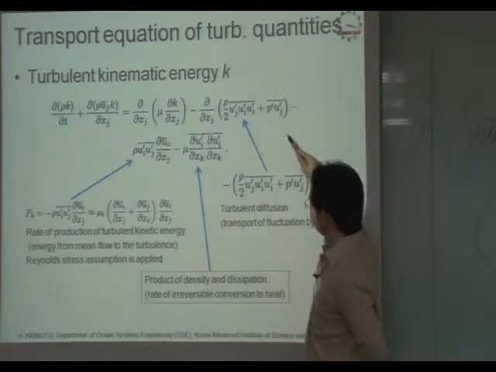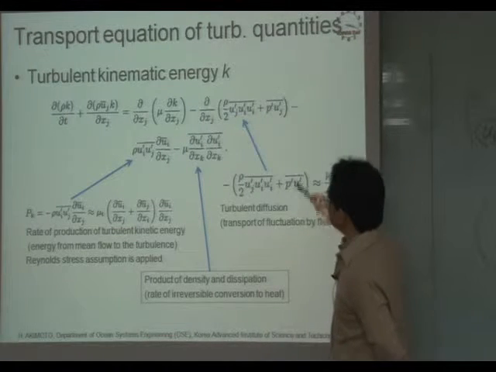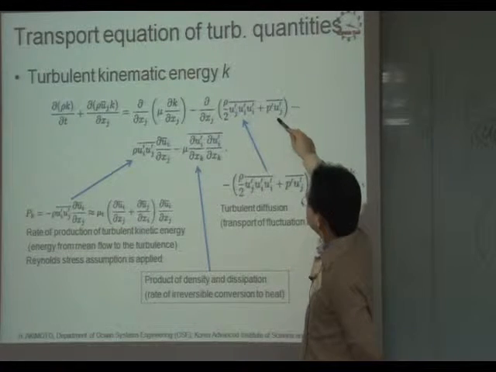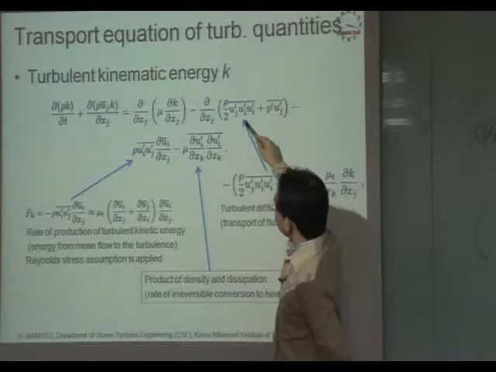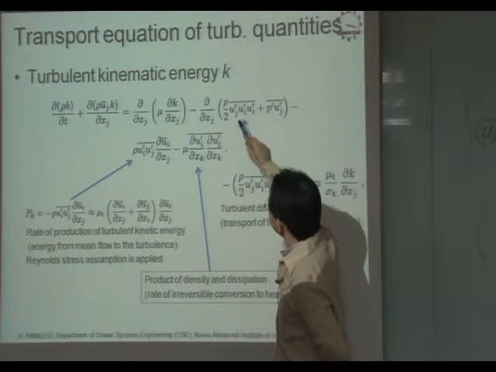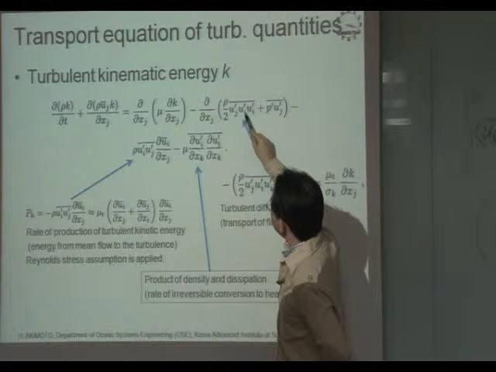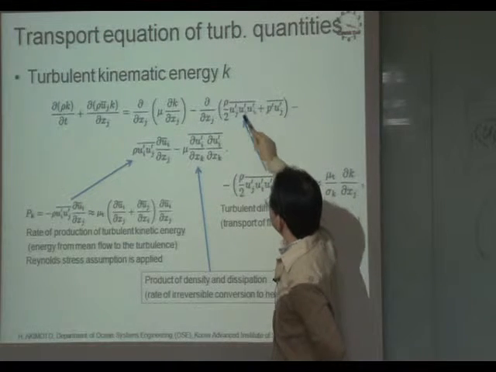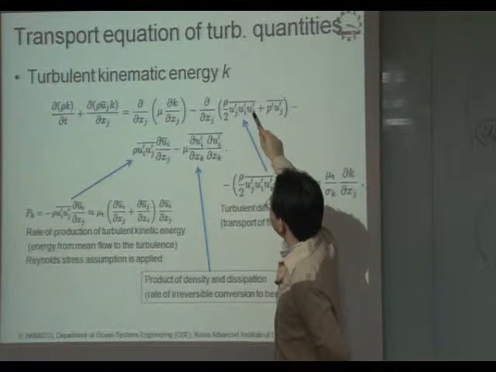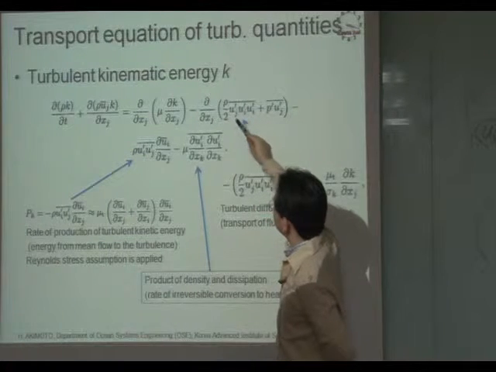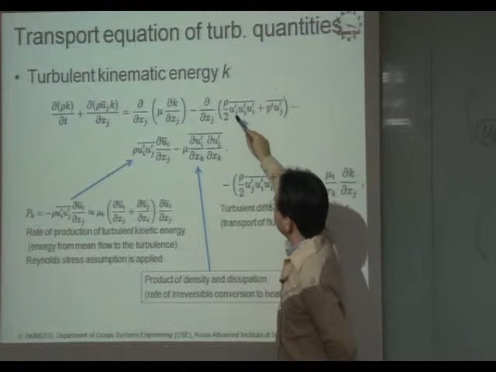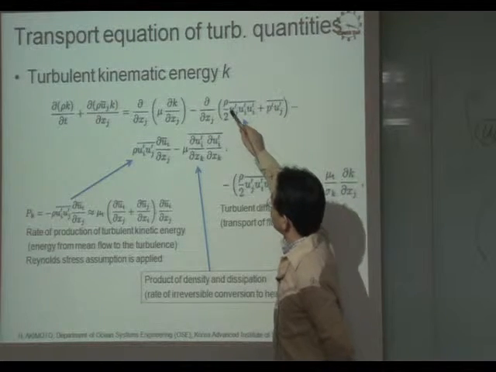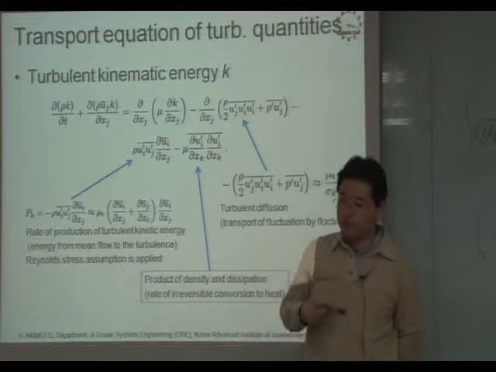And the other component is turbulent diffusion. This is u j, u i. So this part is kinematic energy, and kinematic energy is transported by fluctuation of velocity components.